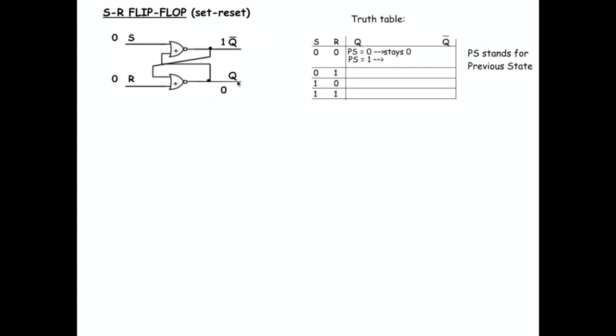So like this thing is 0, right? And of course, if Q is 0, then its complement is 1. So we know that Q is 0, complement of Q is 1. Okay, so let's go with the Q. The 0 goes in here, and set is still 0. So 0, 0 makes 0.